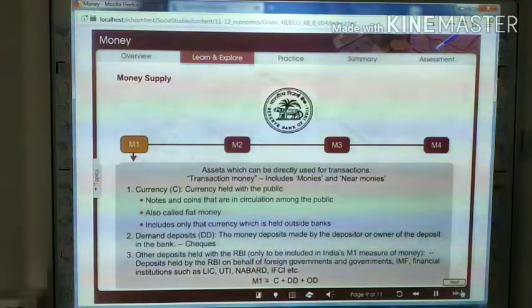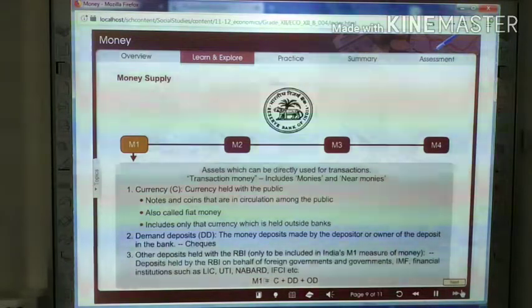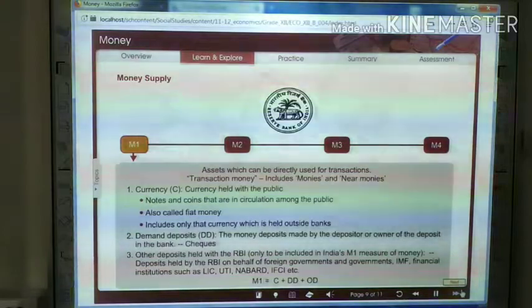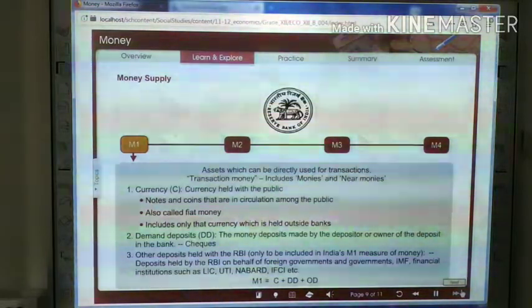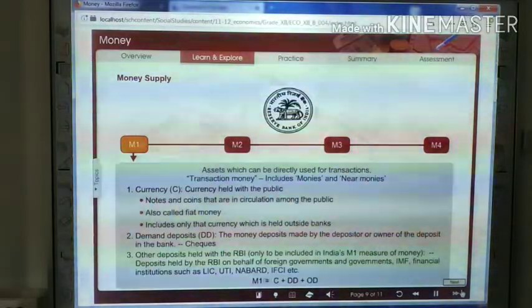Other deposits held with the RBI are also included in India's M1 measure of money. These are the deposits held by the RBI on behalf of foreign governments, IMF, and financial institutions such as LIC, UTI, NABARD, IFCI, etc.